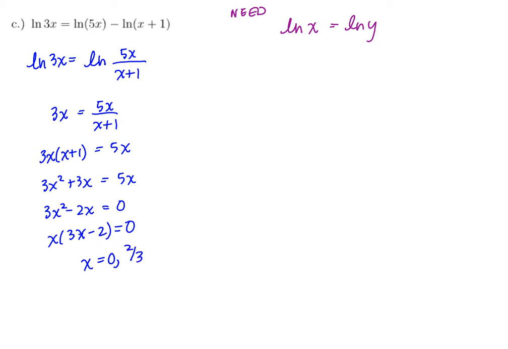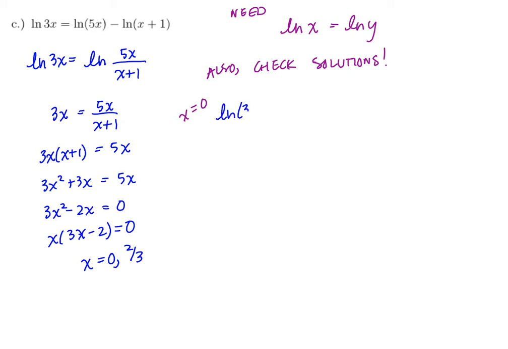But because these are logarithms, we need to go back and check, just to make sure. Sometimes answers show up which actually aren't answers, and that's a problem for us, so let's check it. One solution we got was 0. We just want to make sure that that's valid.